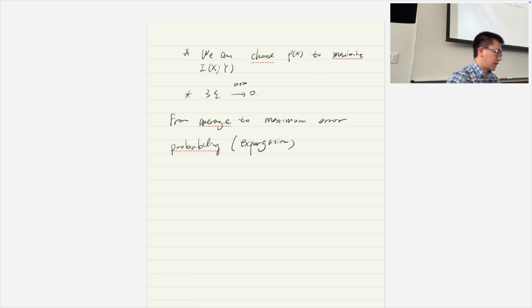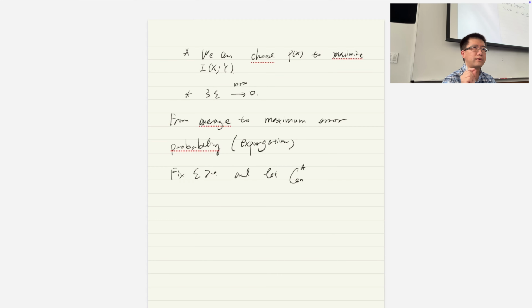Okay, let's see how we can do that exactly. So what we're going to do is, let's say we found a code already such that the average error goes to 0. So now we fix epsilon, and we call our code Cn star.